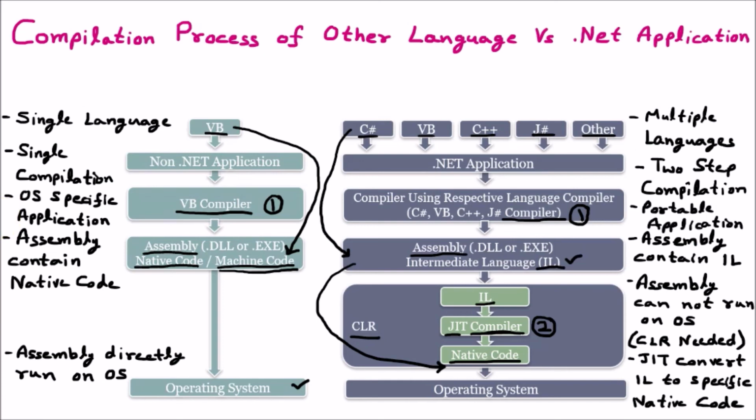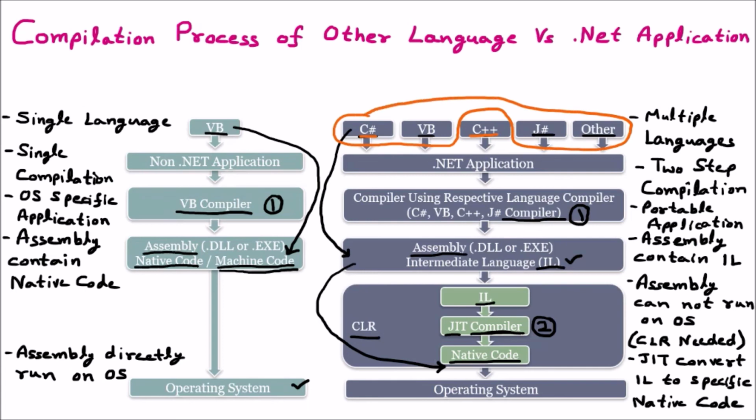Now one thing important to note here, we know that C# is the advanced version of C++. But here C# and C++ are both mentioned. There is a reason behind it. If we talk about C#, VB, J#, or any other language, they have their own set of features.